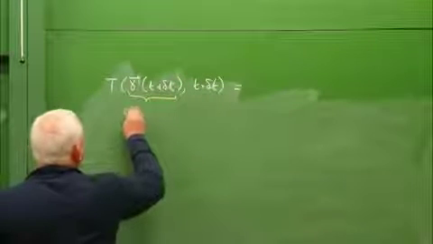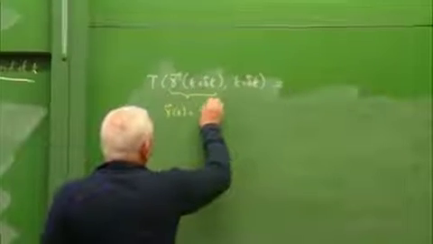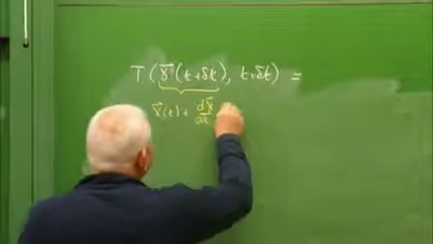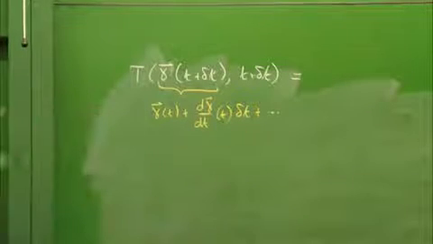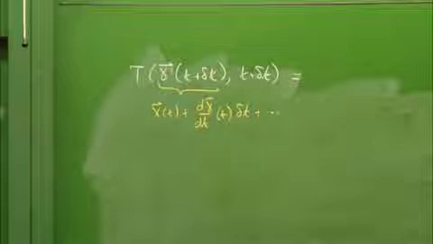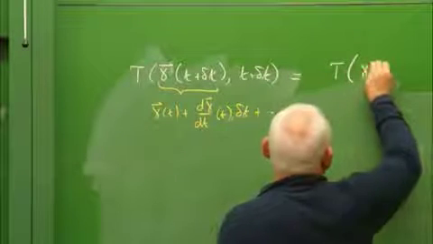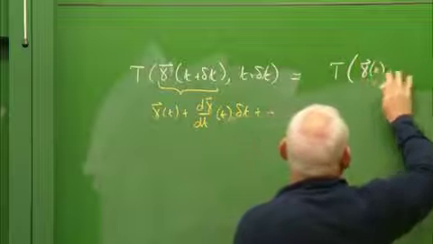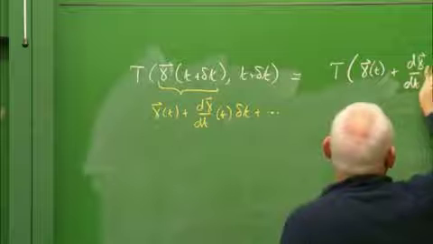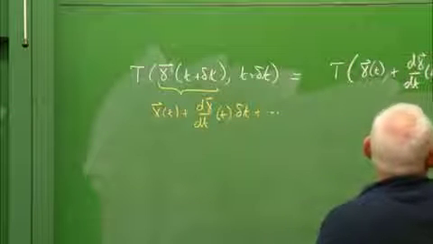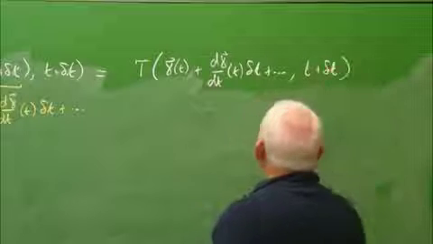This is now gamma at time t plus d gamma_i dt at time t times delta t plus terms of second order. So here I have T evaluated at gamma of t plus d gamma_i dt delta t, and then t plus delta t.